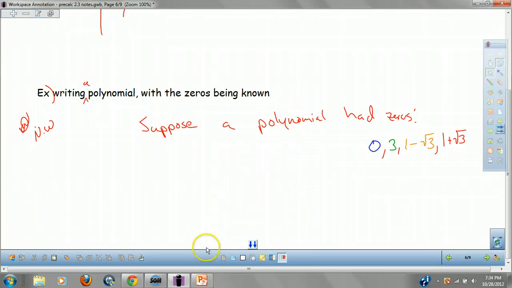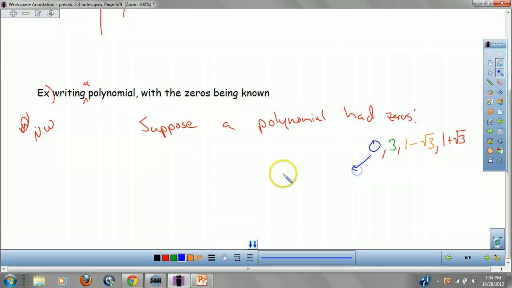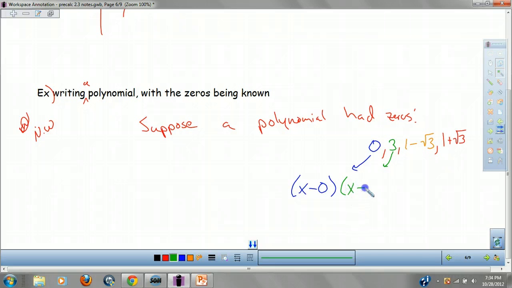Okay. So here's how we're going to set this up. This 0 tells me x minus 0 is going to be one of my solutions. And I know you guys are going to say, well, why don't you just put x? I'm showing you why it works. This 3 says x minus 3 is one of my solutions, right?